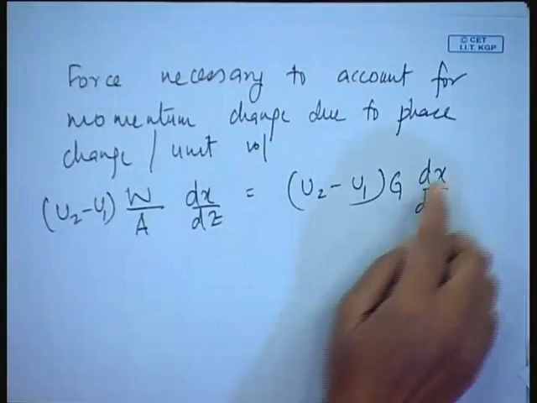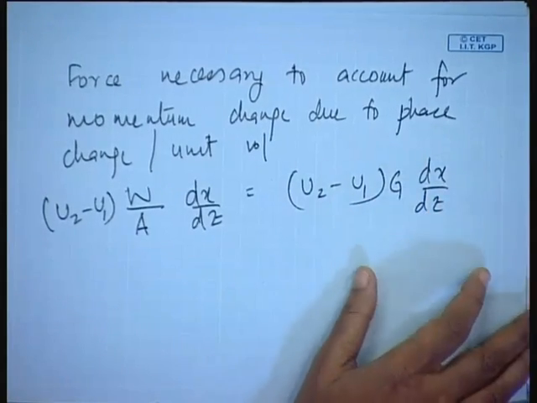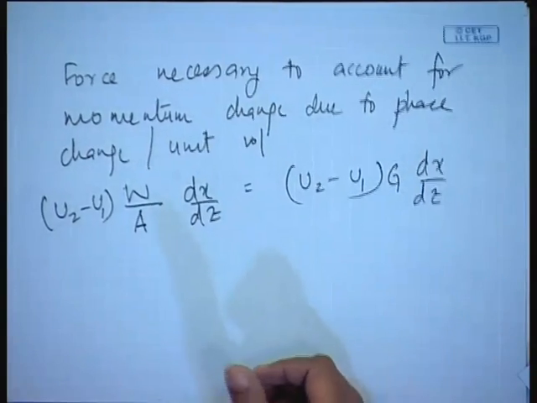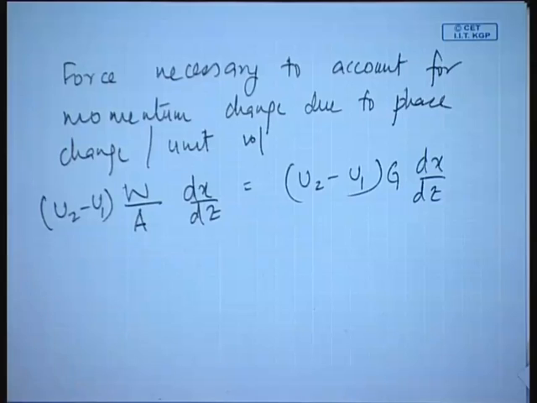Now, how much of this force should I give to phase 1? How much of the force should be ascribed to phase 2? How do you know that this force will be associated with the proportion of the area that they are occupying? G is fine, definitely G is there, agreed. Dx dz is also there. So, this much amount of mass is going, but at this juncture you have no idea of how this force is shared by the two phases.